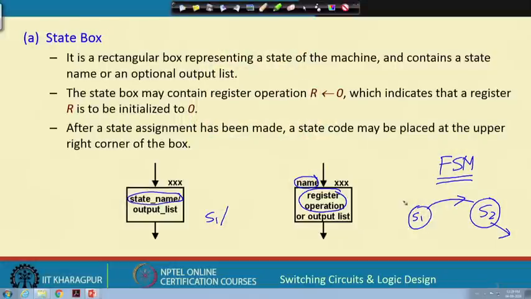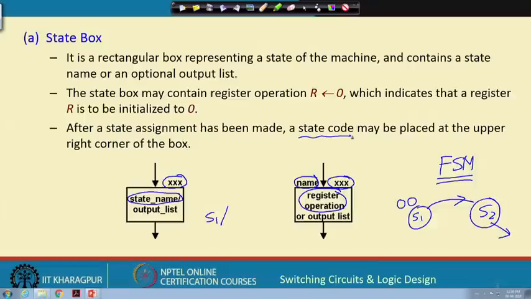Like you may say that this state S1 will be using this code 00. So, in the state box, the state assignment is also specified typically in the upper right corner of the box. This we are calling the state code.